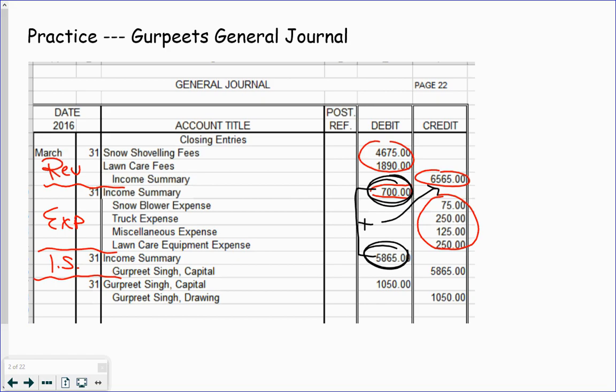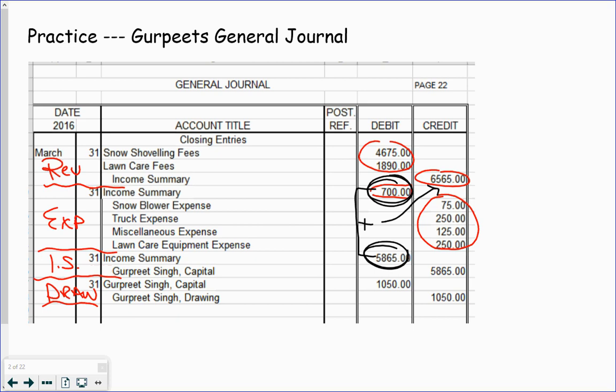So if I am debiting income summary, then I am going to credit capital. So again, debits equal credits. And then finally, you close drawings. So drawings gets credited, capital gets debited. That's what you learned how to do yesterday.